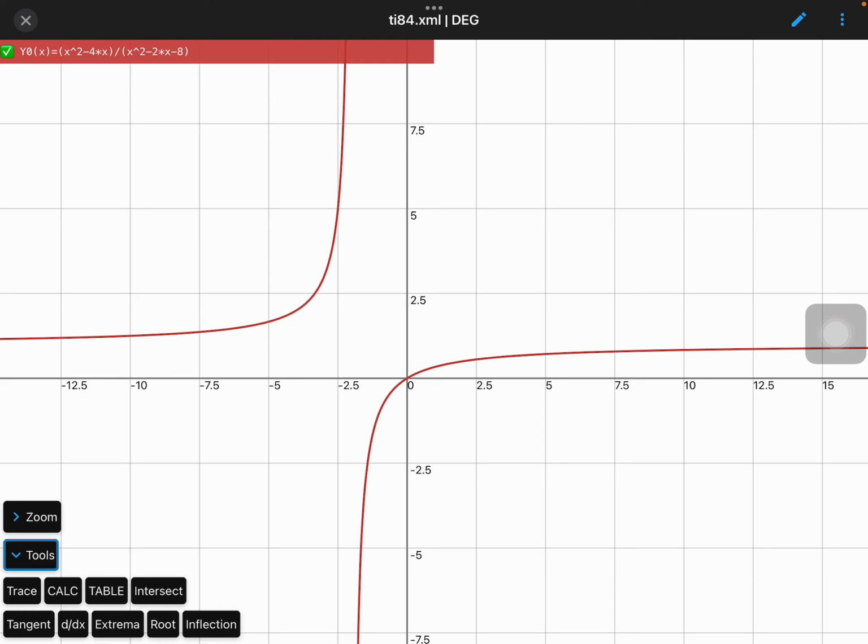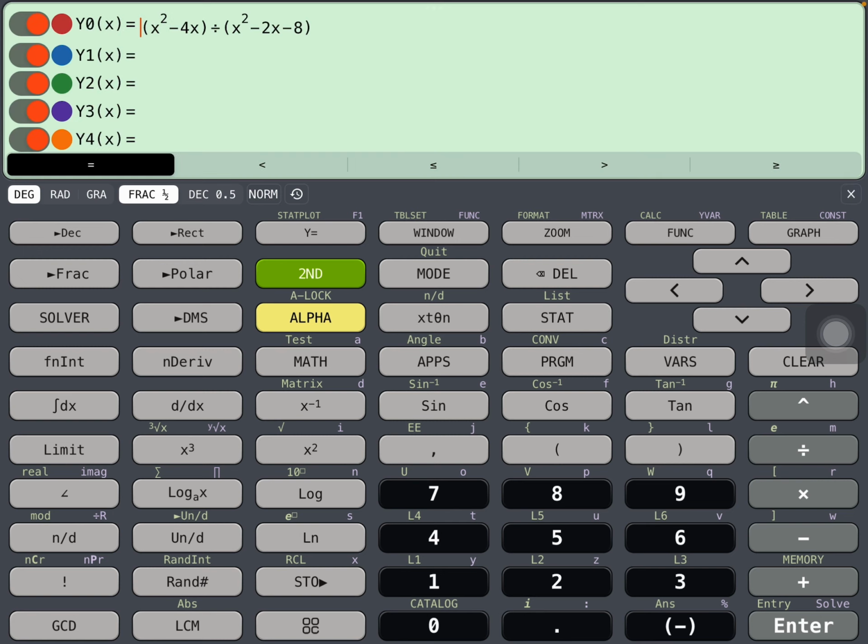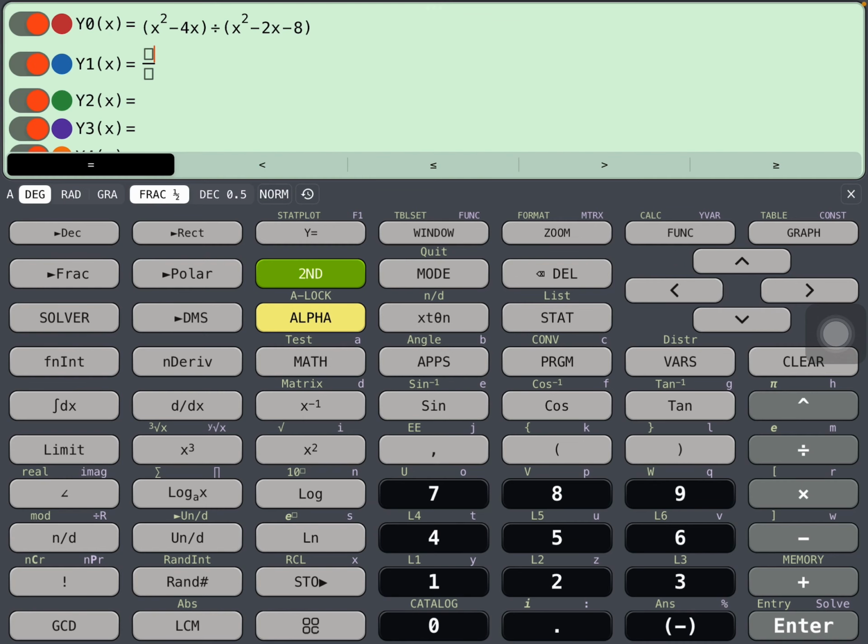This is a much better resolution graph than you'll get in a regular TI calculator, except for the Nspire, one of the newer versions. And so, we could have also put the y equals in factored form, or we could have done it in, let's do alpha y equals, displays a fraction. Let's put all this as a fraction.